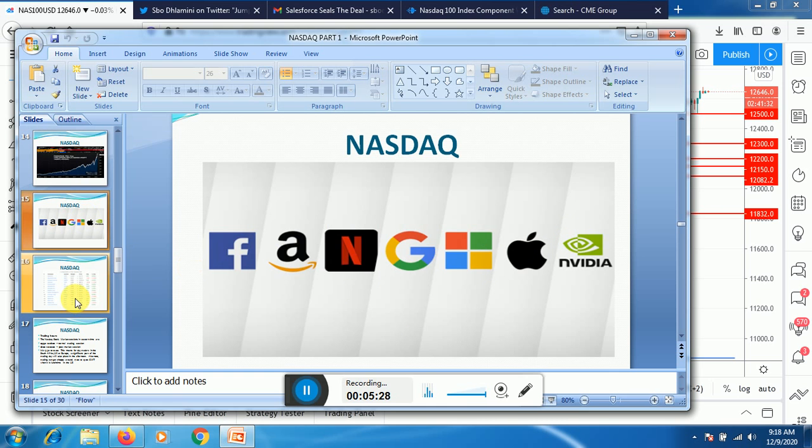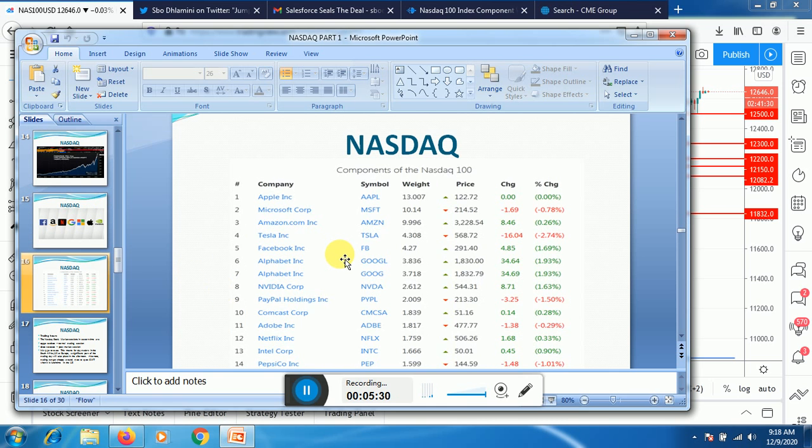These companies also have a huge weighting on the NASDAQ index itself. When we look at the components of the NASDAQ 100, we see that Apple weighs close to 13%, Microsoft 10%, Amazon close to 10% as well, and then Facebook 4%, Google 3%, Nvidia 2.6%.